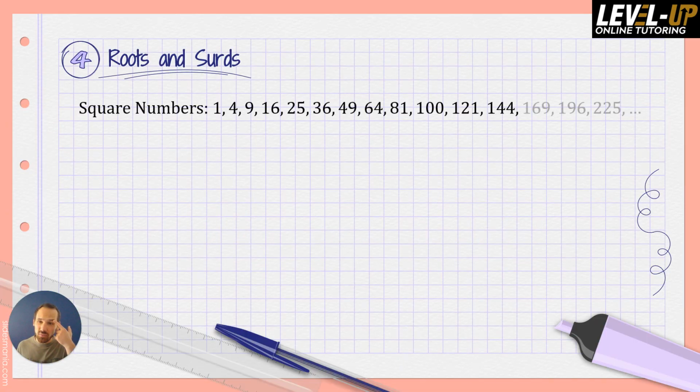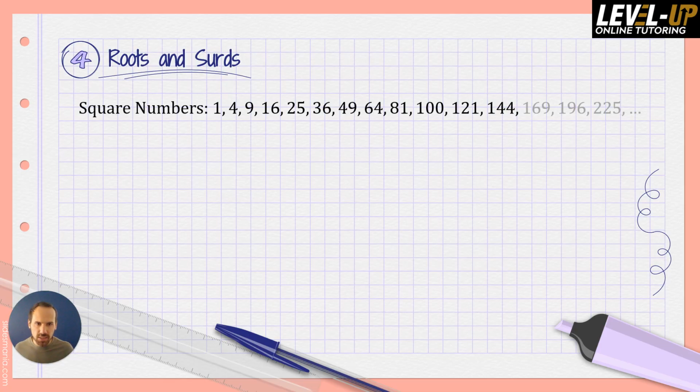So how do we deal with roots? First of all, you want to be familiar with certain numbers. Like here, we have a sequence of square numbers, which are basically 1 squared, 2 squared, 3 squared, 4 squared. And you can see that's going to be 1, 4, 9, 16, and so on. You want to be familiar with these numbers, but only up to about 144.